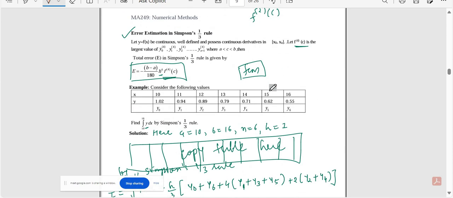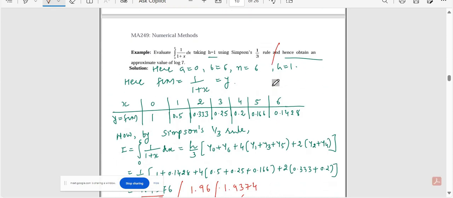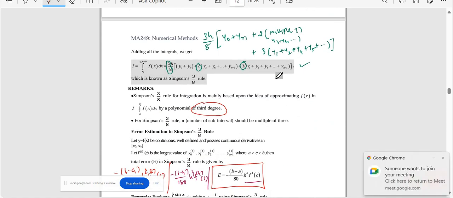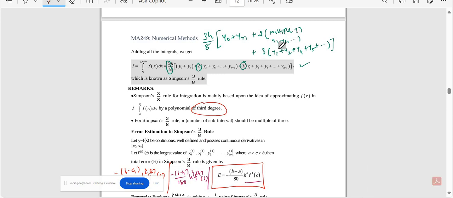In Simpson 3 by 8, the formula will be 3h by 8 times y0 plus yn, plus 2 times the multiples of 3, that means y3 plus y6 plus y9 and so on, plus 3 times the remaining terms y1, y2, y4, y5 and so on.